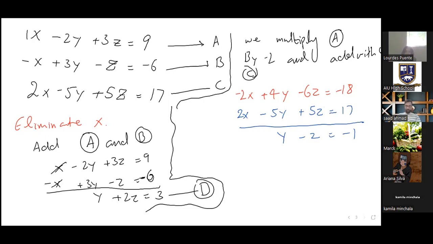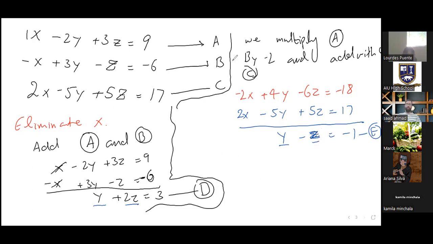So now I have two equations. Let's give this the name E. Now I have two equations, D and E, that are in two variables, y and z. So we have two equations in two variables now.